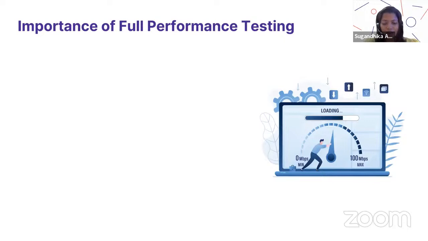The primary goal of full performance testing is to ensure that the application can handle the expected load and provide a satisfactory user experience. For a successful product, you should perform a full performance test cycle before releasing the product into the production environment. It will avoid a lot of issues that occur after product launch, when your users start to come in.